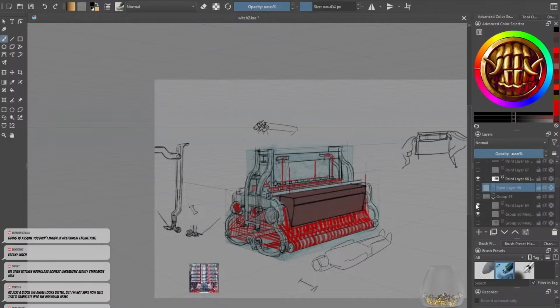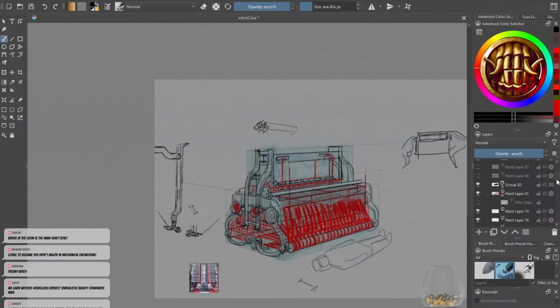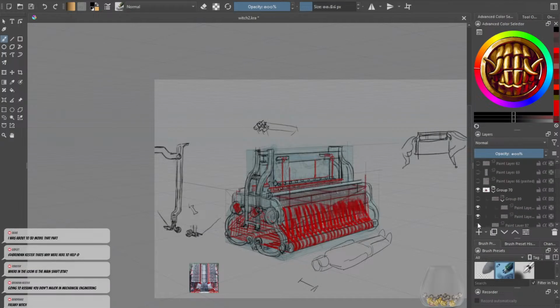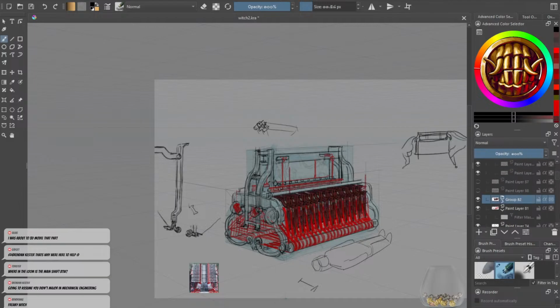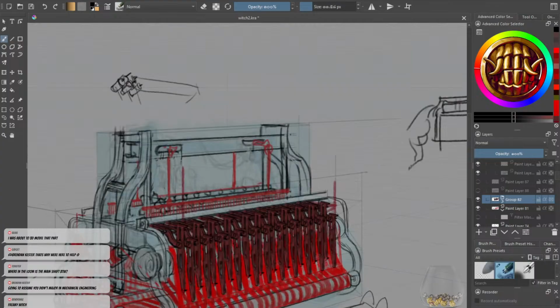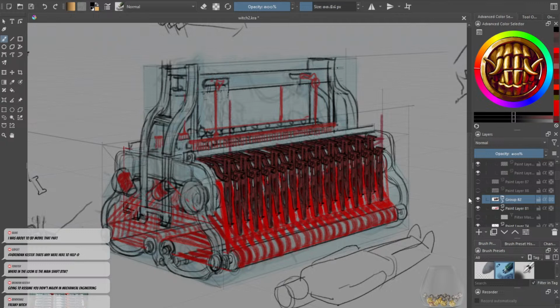I'll have to redo the whole thing. I have to redo all of... I was about to 3D model that part.